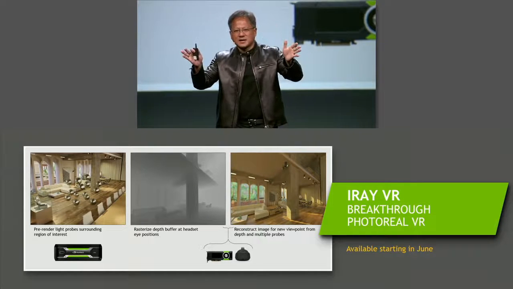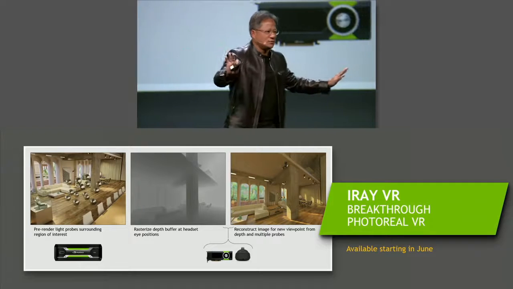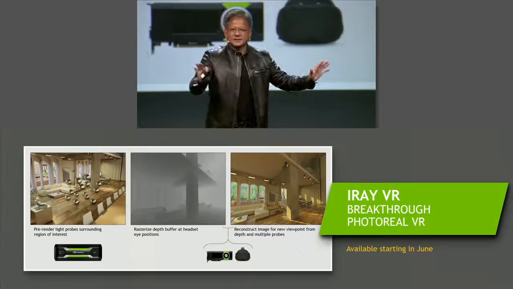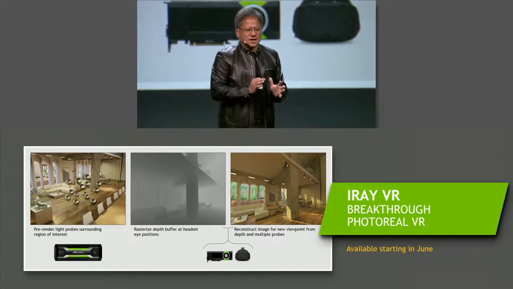So that eye is picking up the information that was rendered from the combination of those 100 light probes. Okay? And so Quadro M6000 does the rasterization and does the composition.